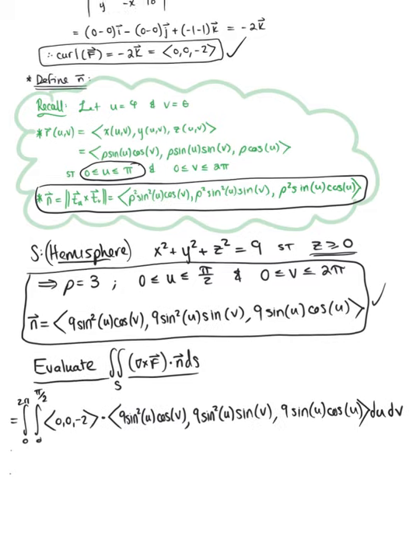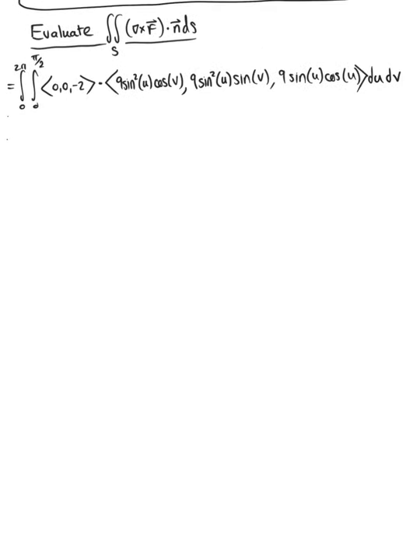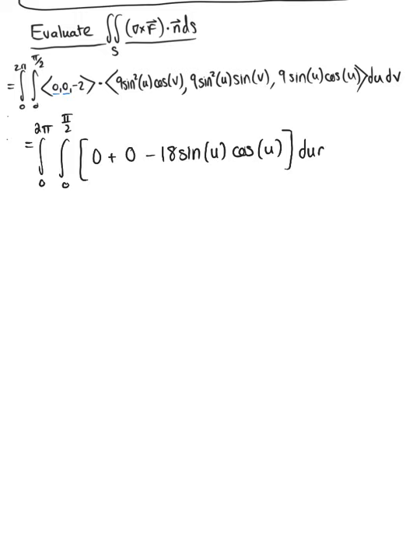Phew. So we're ready now to actually go ahead and compute this. Notice, while this looks kind of nasty when we first write it, the first two components of the curl are 0. So when we compute the dot product, look at what happens. We have the integral from 0 to 2 pi, the integral from 0 to pi over 2 of 0 plus 0, and then minus 18 sine of u cosine of u du dv.